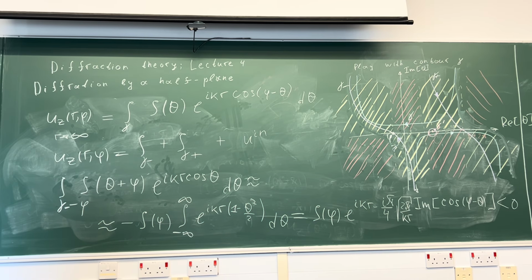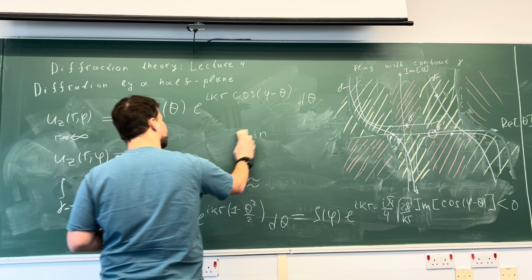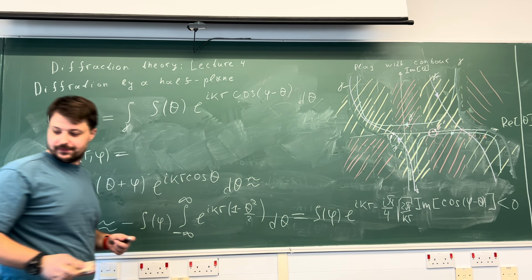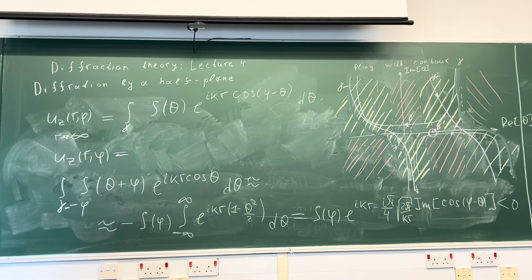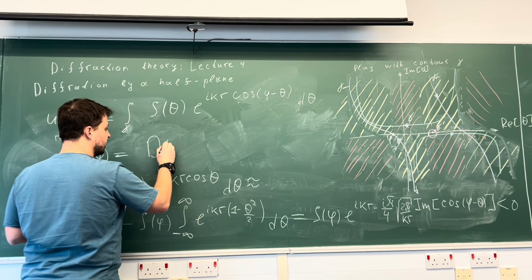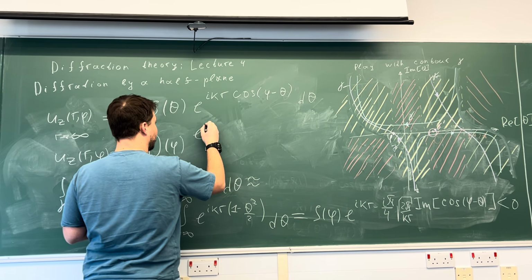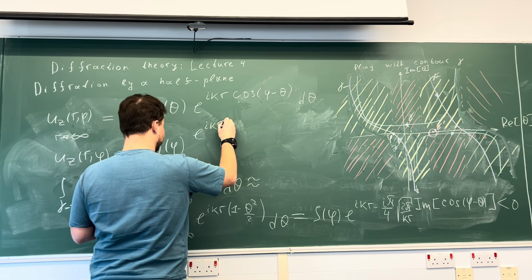So what do we get? We get the following structure of our field at infinity. So we have some directivity function. Then we have a cylindrical wave.